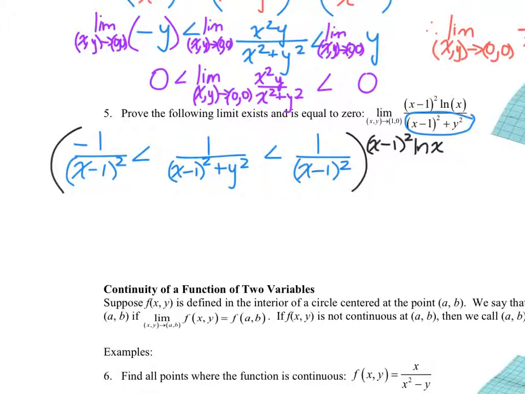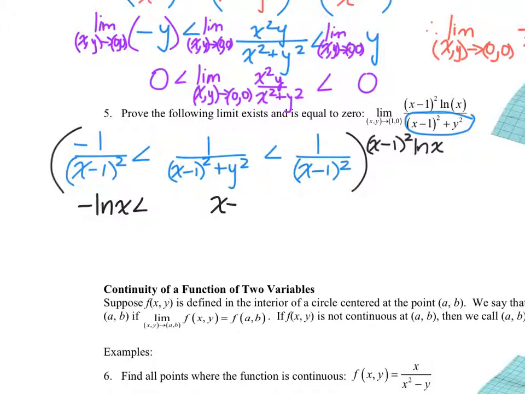So, I'm going to run through the x minus 1 squared ln of x. All that's basically saying is, what do I want in the middle? I want the given function. So, make it happen. Multiply by whatever you need to multiply, usually the numerator, in order to make that the result. So in this case, we're looking at negative ln x is less than, leave a little space.